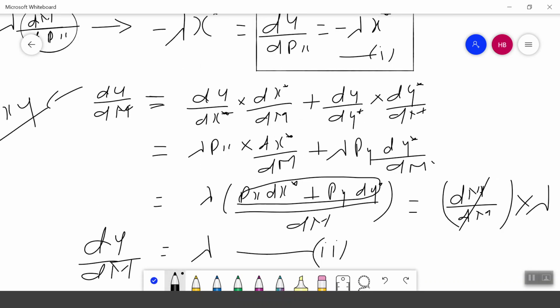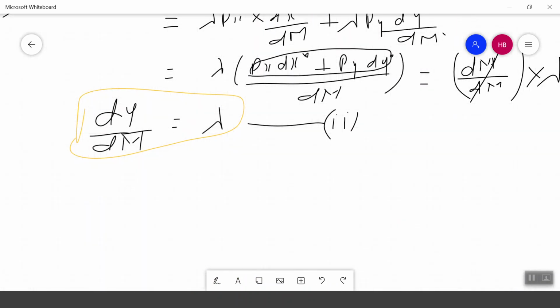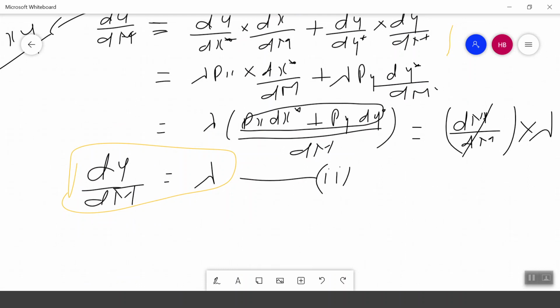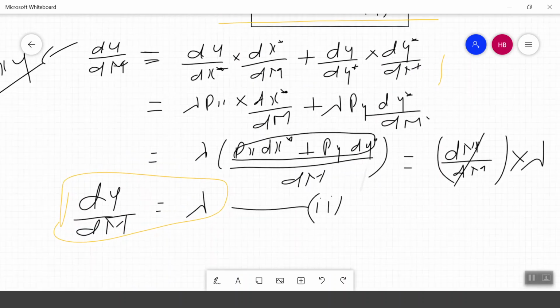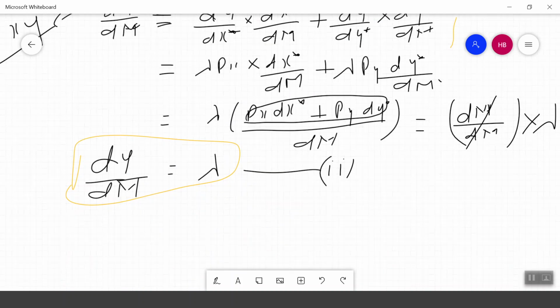So now we saw equation 1, where du by dpx is lambda minus lambda x star, and in equation 2 we saw du by dm is equal to lambda. So now if we equate these two equations, what will become? So du by dm is lambda. You just put that into equation 1.